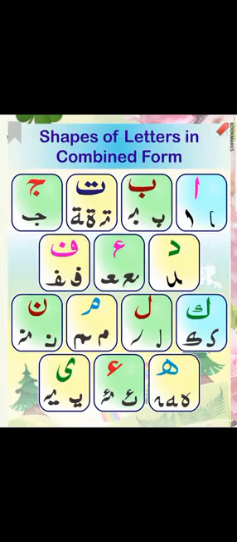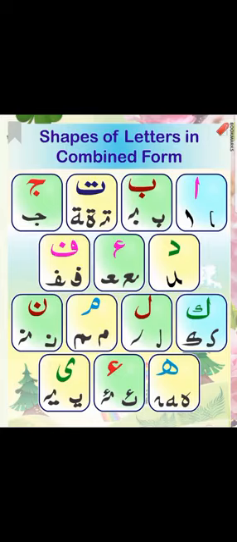But in Arabic and in most languages, when a word is written, every letter is written in its proper complete shape. In some languages, it is a style of writing that when the letters are written in a word, they are in a combined or joined form.